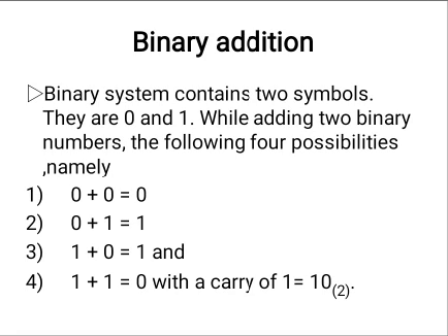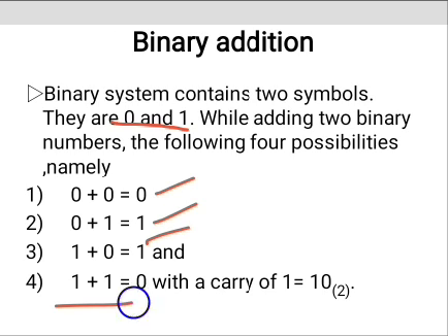First, binary addition. The binary system contains 2 symbols. That means they are 0 and 1. While adding 2 binary numbers, there are the following 4 possibilities, namely 0 plus 0 is 0, 0 plus 1 is 1, 1 plus 0 is 1, and 1 plus 1 is 10. That means it is in base 2.